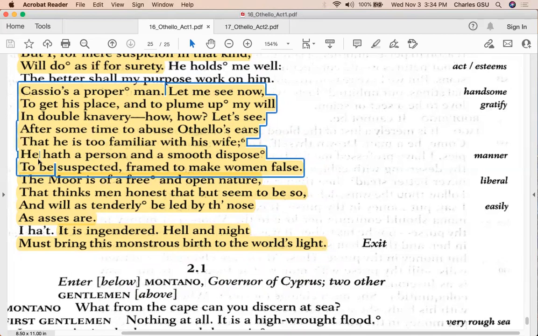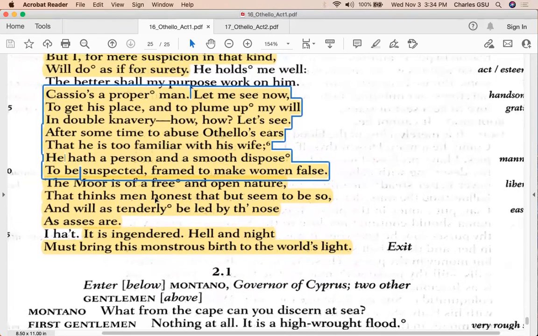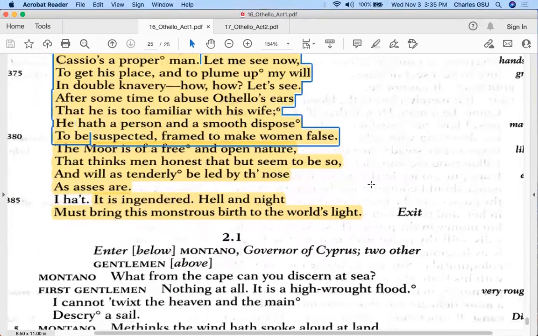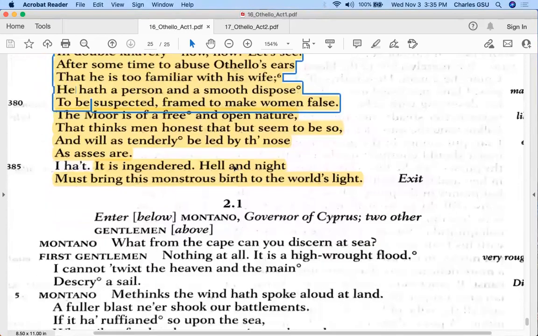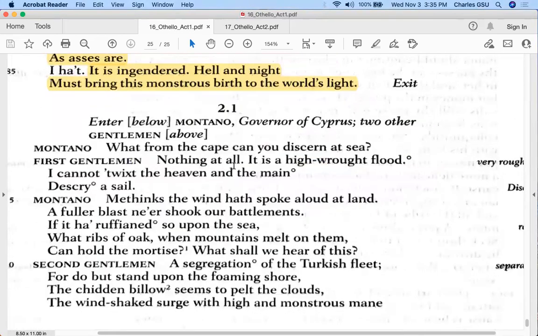He, Othello, hath a person and a smooth pose or manner to be suspected, framed to make women false. And they could also be applied to Cassio as well, because Cassio is kind of a ladies' man, so to speak. So, yeah, this is all about his revenge.